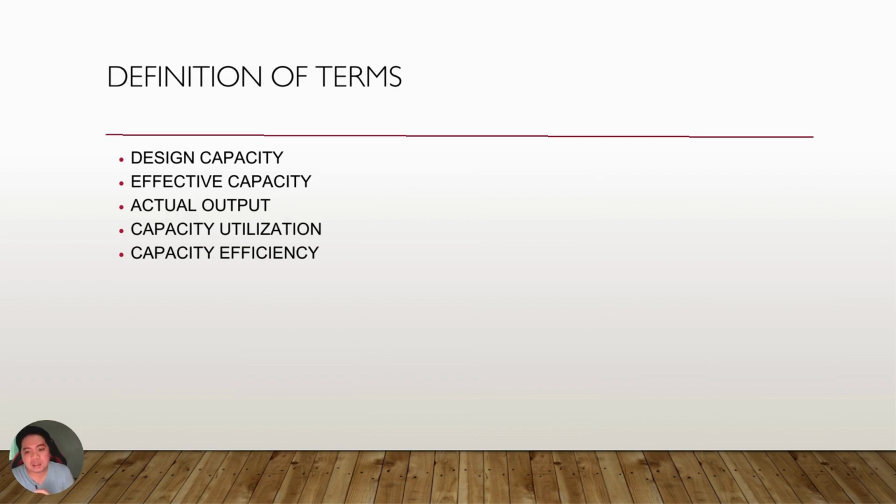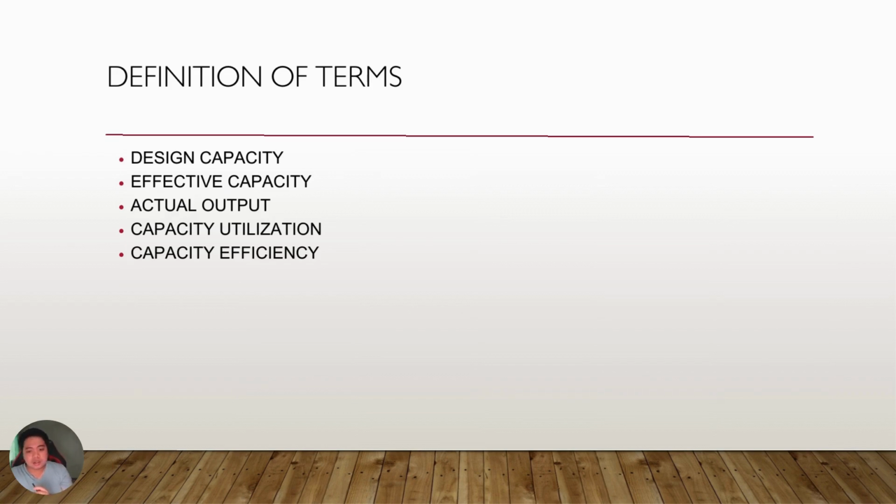Effective capacity, on the other hand, is the maximum output that a system or process can realistically achieve under normal operating conditions. Actual output refers to the real number of units, based on your actual results, of units produced or services rendered within a given time frame.